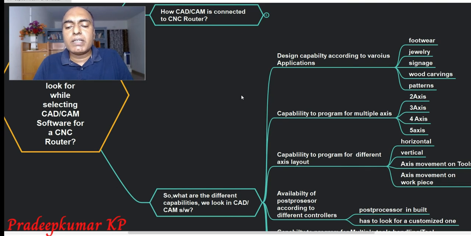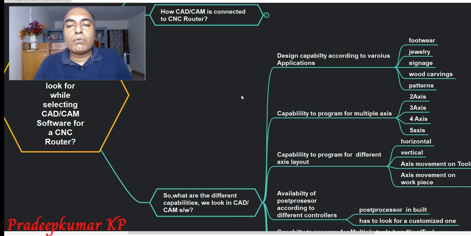Then the third one is the capability to program for different axis layouts. You can see that the construction of a CNC router machine varies from one to another. Sometimes the tool or the spindle may be horizontal, or sometimes the structure is vertical.